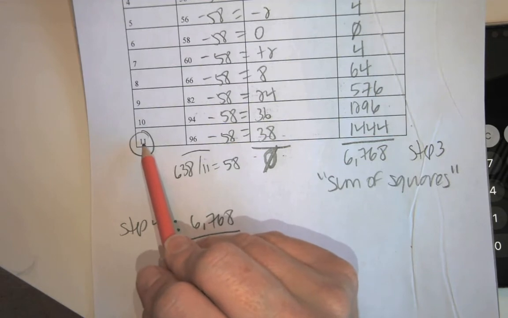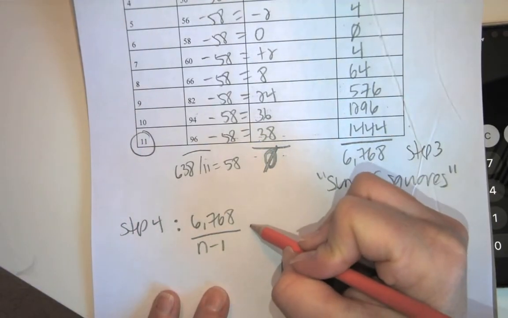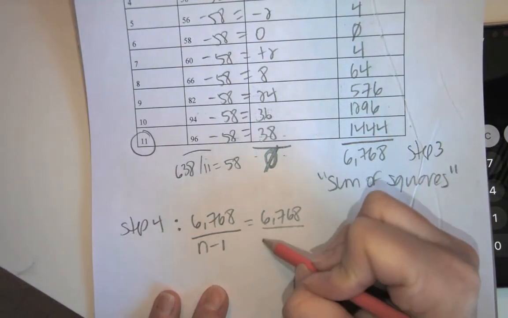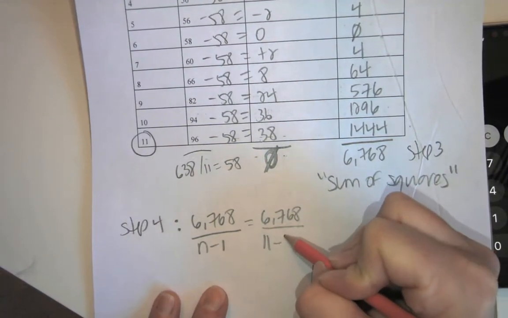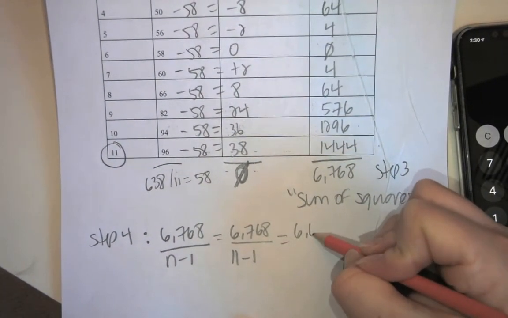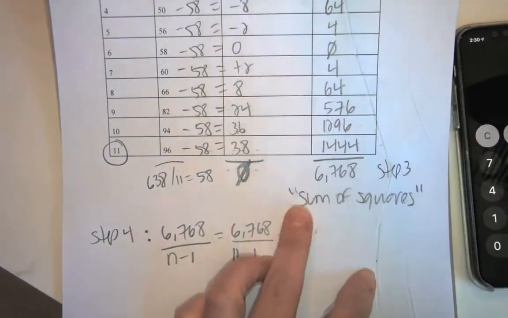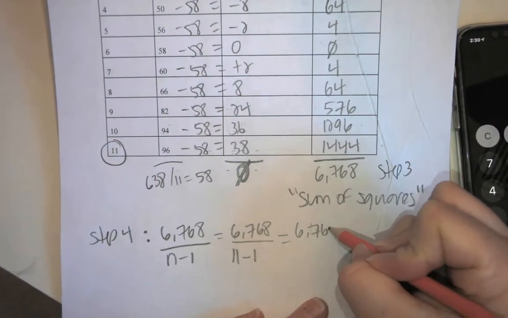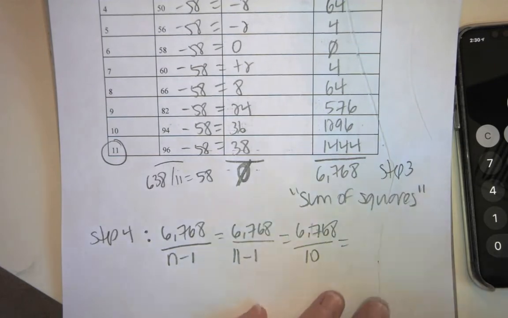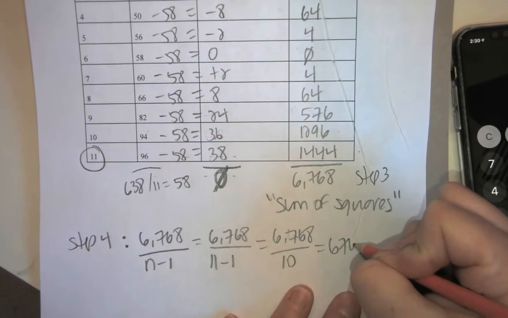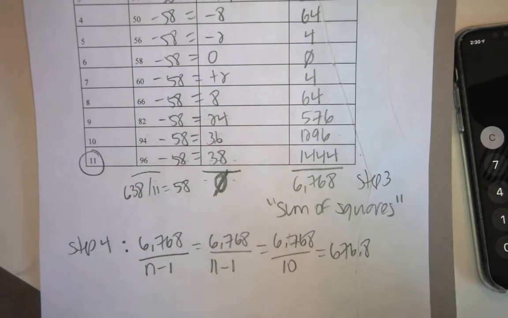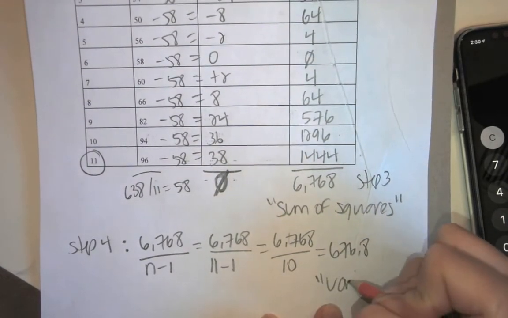We have 11 respondents, so we divide 6,768 by 11 minus 1. So 6,768 divided by 10 equals 676.8. This is our variance. So step 4 is variance.